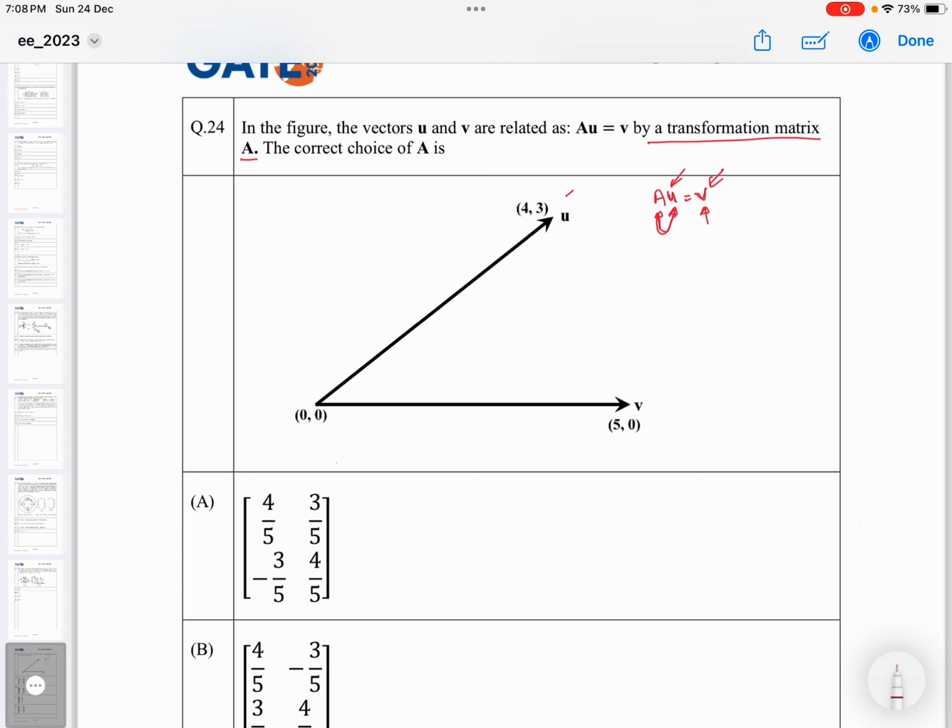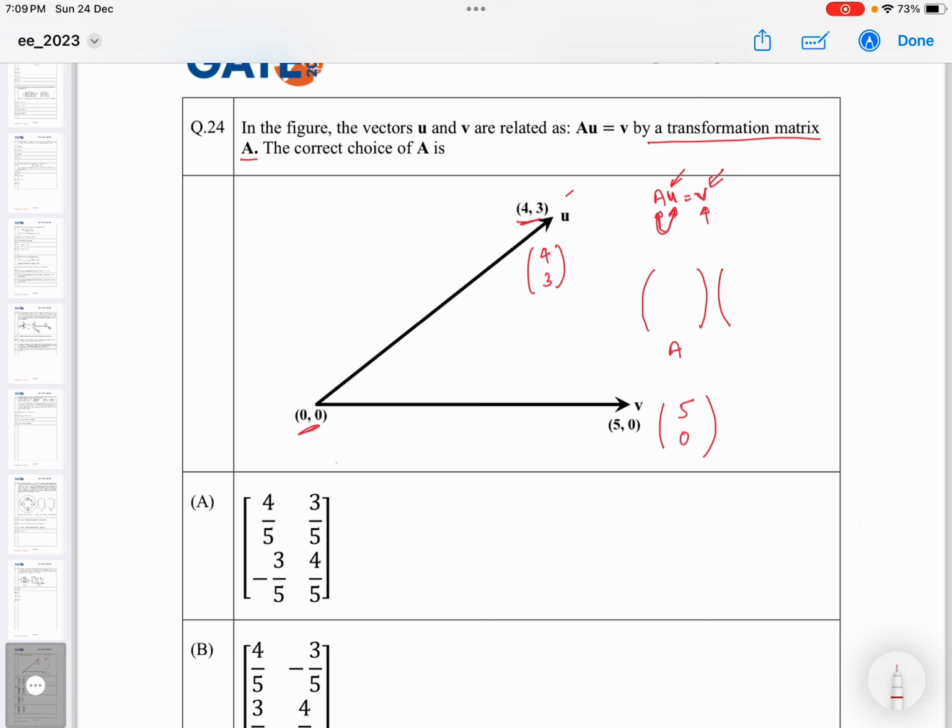What we have to find is this matrix A, right? Let's assume that it is going to be some matrix A. Given here is vector u, and if you look at the coordinates from the origin, if I ask what will be vector u, it will be 4 3, right? So in the x direction it is 4 and in the y direction it is 3. And if I ask you what will be vector v, it will be 5 0, right?